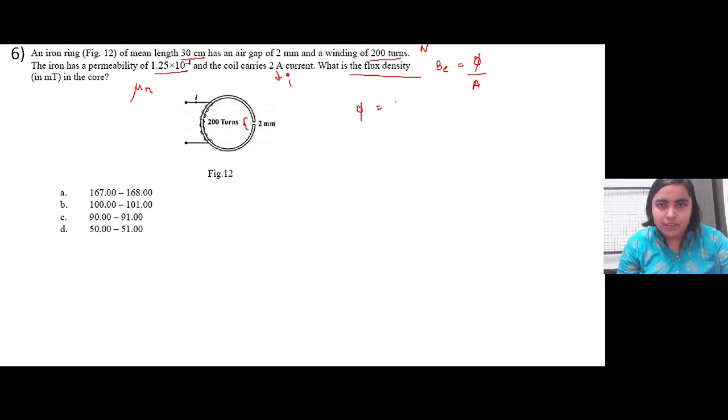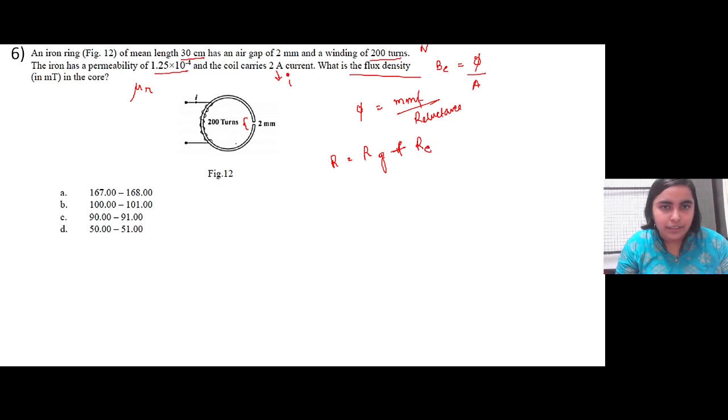So it starts with mmf divided by the reluctance. You can calculate this one, right? First calculate the total reluctance, which will be equal to the gap reluctance plus the core one.